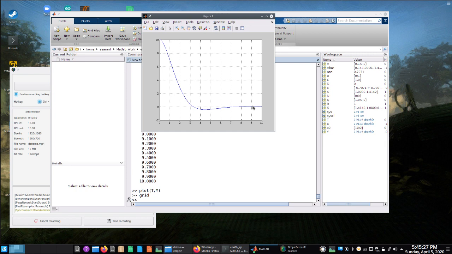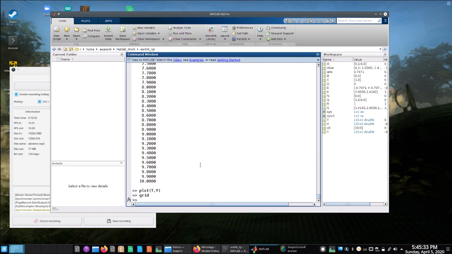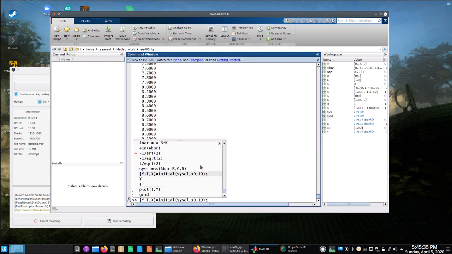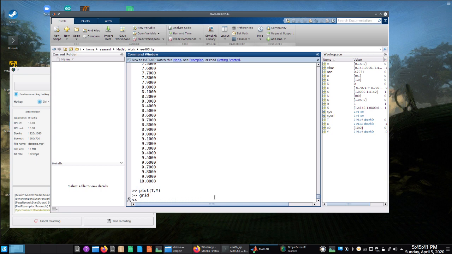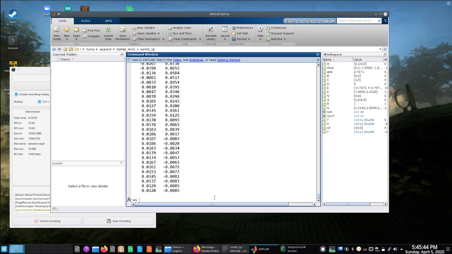Now, we can actually also take a look at the individual states, because our command that we used actually also calculates all the states for that duration of time. So if I take a look at the X matrix, you can see that it's composed of two columns. The first column is the first state, and the second column is the second state.